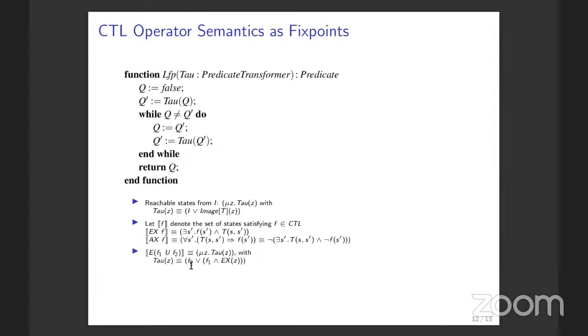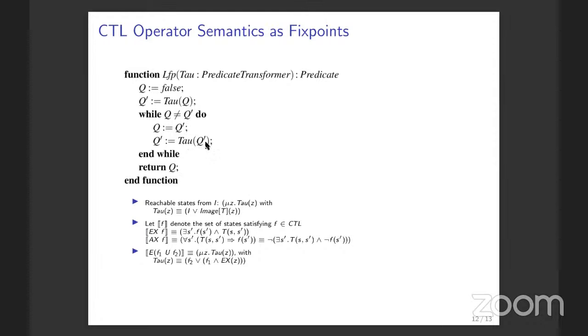Now, in this case, this is the one that you'll have to do. Because this one is expressed in terms of EX, tau will have to be implemented in terms of EX. So the whole thing will be defined as a composition of BDD operations. Once you construct this function, after that, it is just an iteration of tau. Tau itself is a BDD constructor.